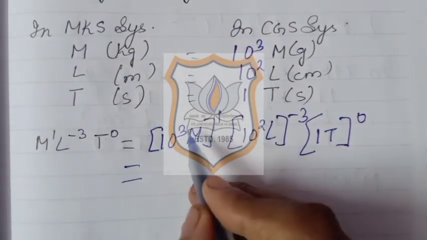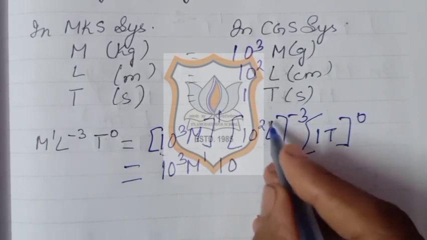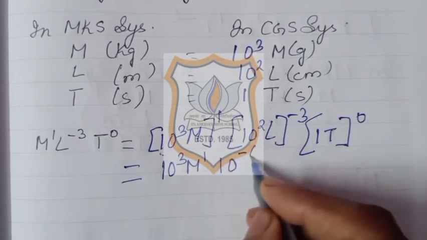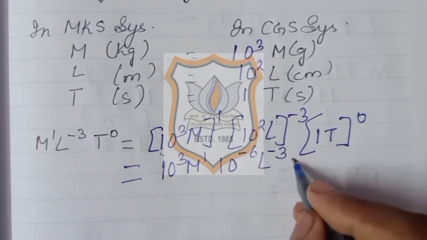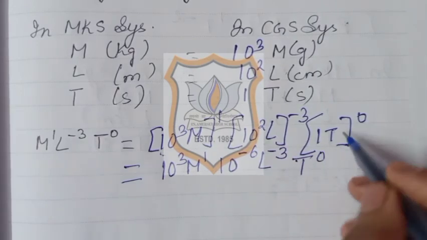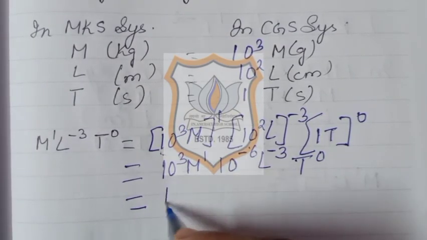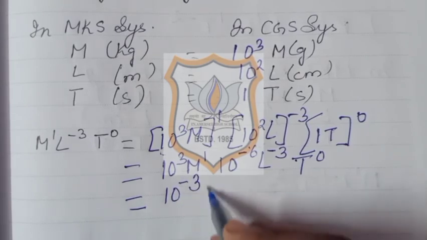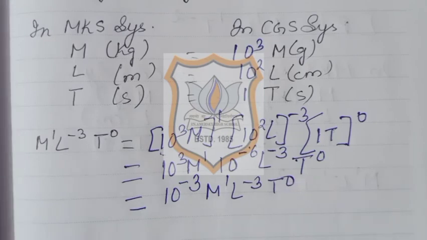So this will be 3 ones are 3, m1, 2 into minus 3, that is minus 6, L to the power minus 3, t to the power 0, and 1 to the power 0 will be 1. So now solve the powers. 3 minus 6, that is minus 3, m1 L minus 3 t 0.